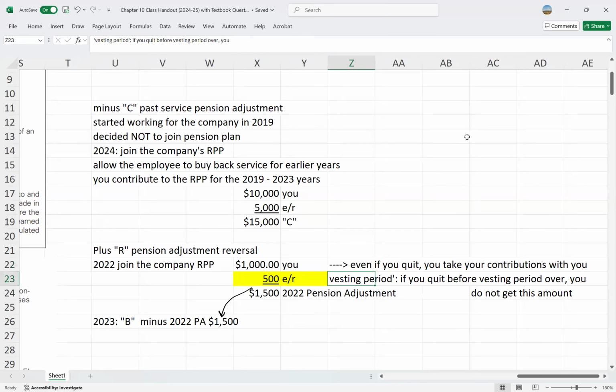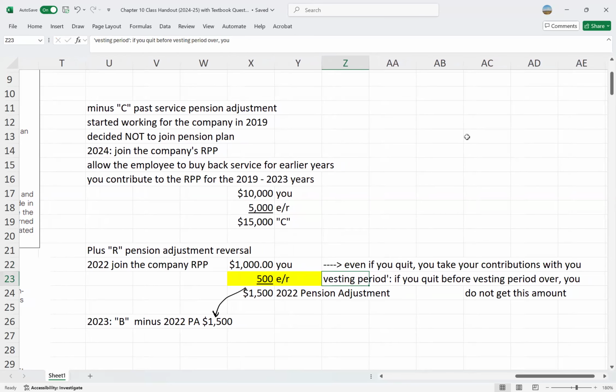So often with a company-sponsored pension plan, it might be administered by a company like Manulife. And so even if you quit, you just transfer that into your own account with Manulife, and it can be done tax-free. So the amount that you contribute to a company RPP, that's yours.